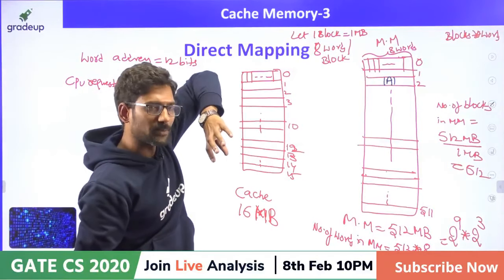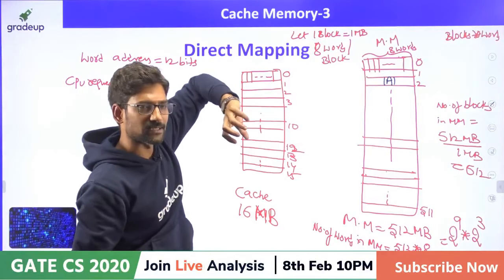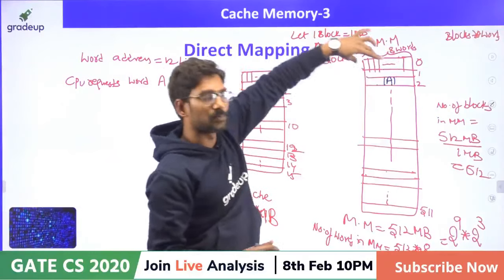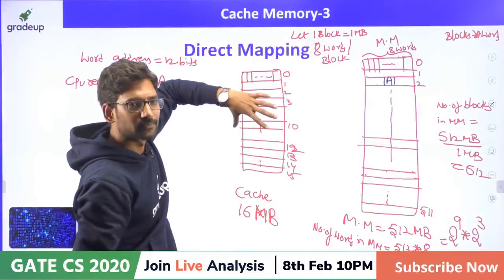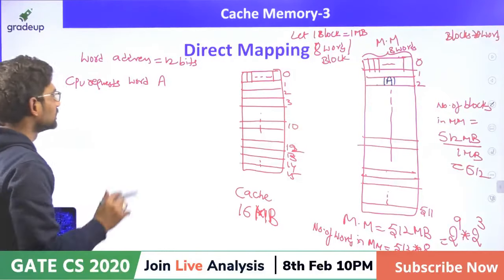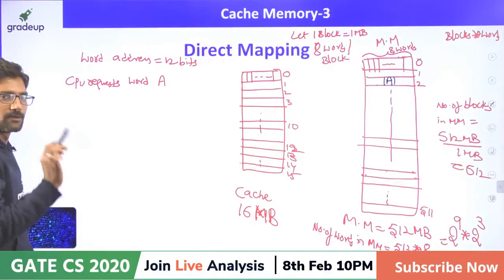Now, what does the direct placement policy say? When you bring this block, where are you supposed to place it? How will it be calculated? Please make a note of this formula.